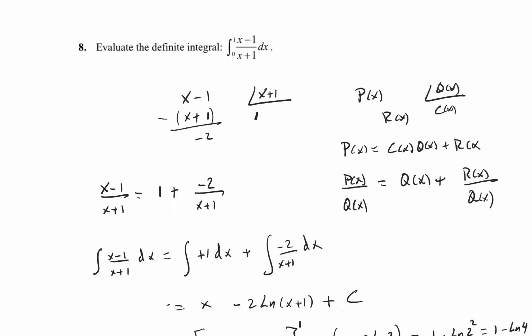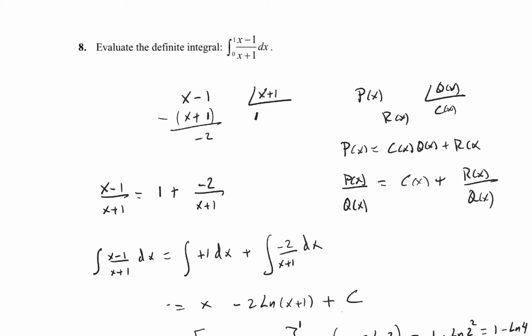We do long division, and you know that when you divide p of x by q of x, with quotient c of x and remainder r of x, the relation is that p of x is c multiplied by q plus r. So p divided by q is c of x plus r of x divided by q of x.